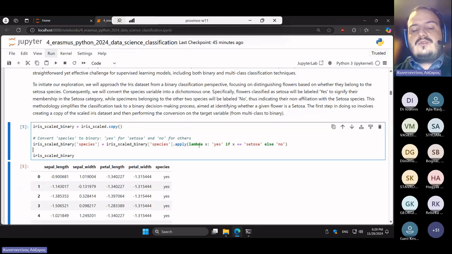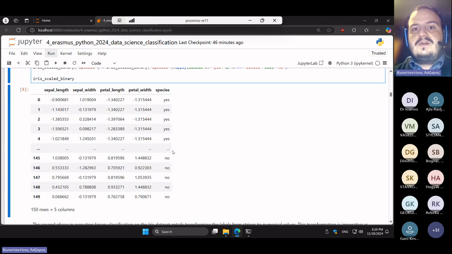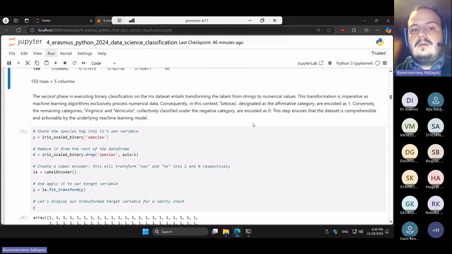So through this, you're able to basically convert your species labels in bulk for all your samples, depending on a specific condition that you've set out. So this is actually the more well-established way to make the conversion or the simplification to a binary problem, so to speak.